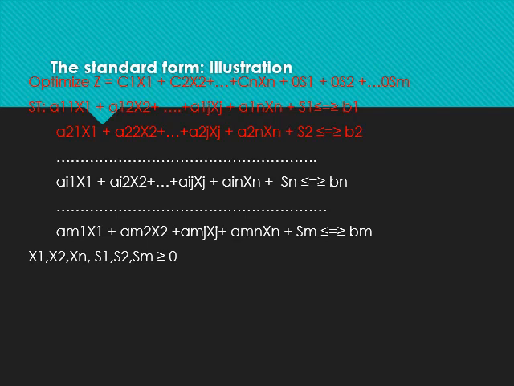Now let's move to the constraints. A11 x1 plus A12 x2 up to A1j xj plus A1n xn plus s1 less or equal, more or equal b1. b1 is a resource solution.